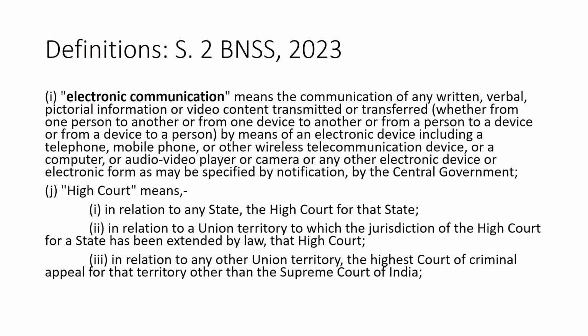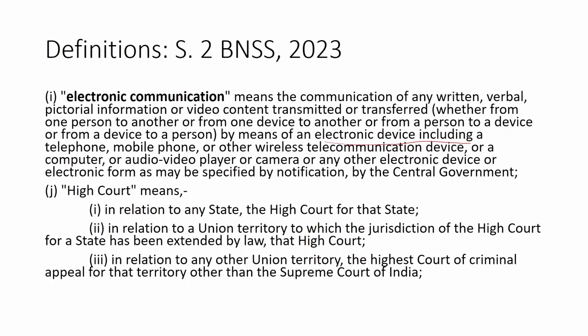So, here you see there are certain devices that have been mentioned. This list is illustrative, not exhaustive, because it is clear from the language: what does it say? By means of an electronic device including. So, this could be these devices, it could be any other device also. We need to keep these definitions very broad, and at the same time keep room for new technological innovations.